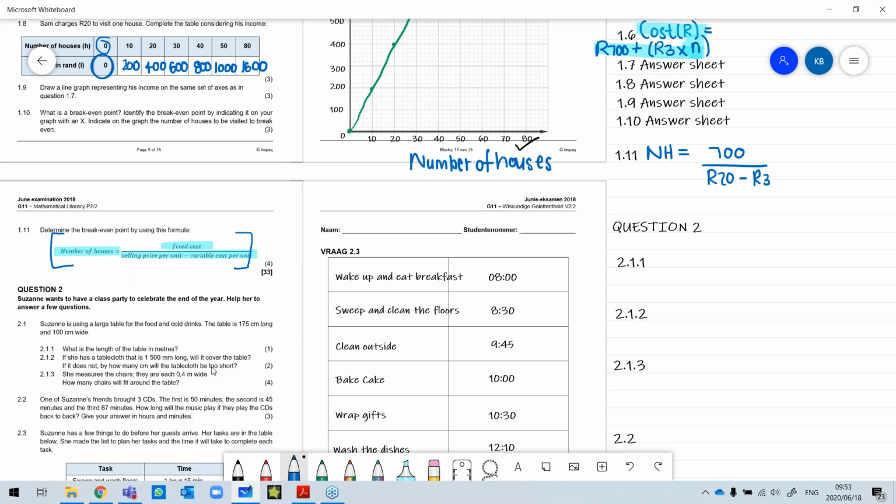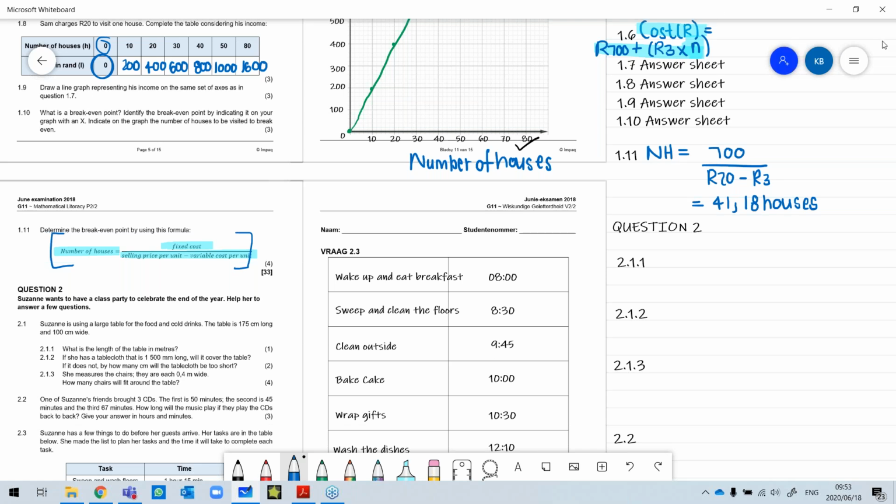So we type that entire fraction into our calculator, and it is going to give you an answer of 41,18 houses. So mathematically calculated, not reading it from a graph, 41,18 houses is where his income and his expenses will be equal. Now that brings us to the end of question 1.